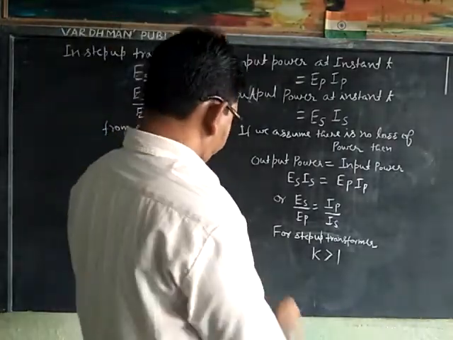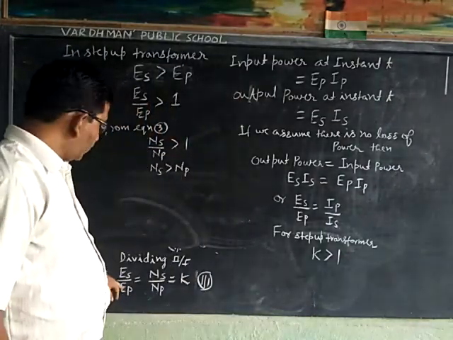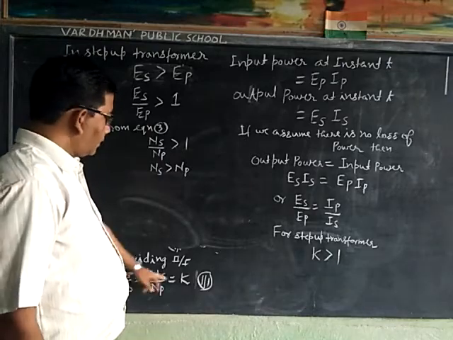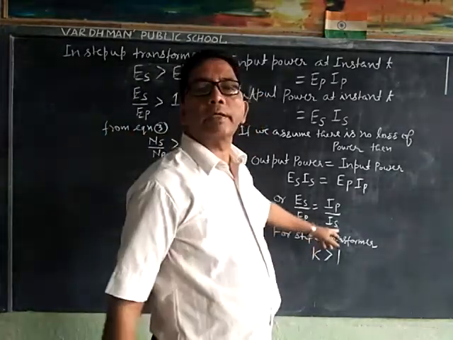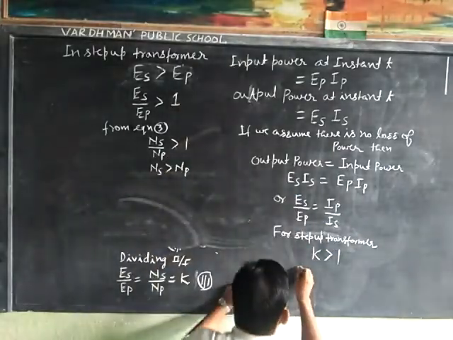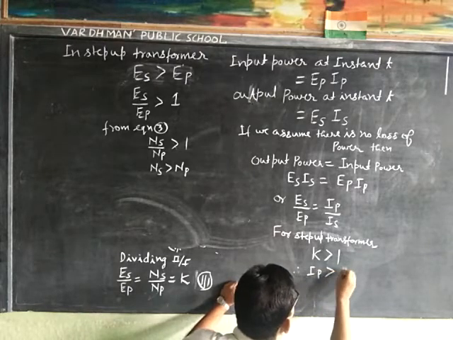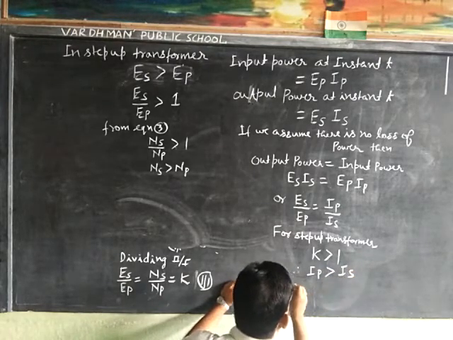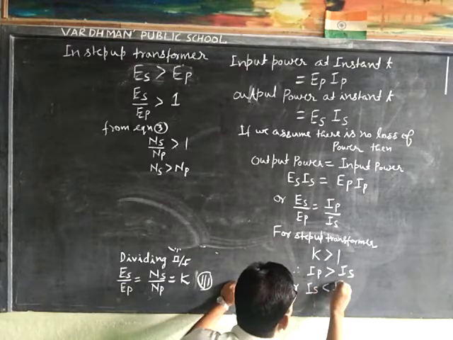Then ES upon EP is K, that is K is greater than 1. Therefore, we can say IP is greater than IS, or IS is less than IP.